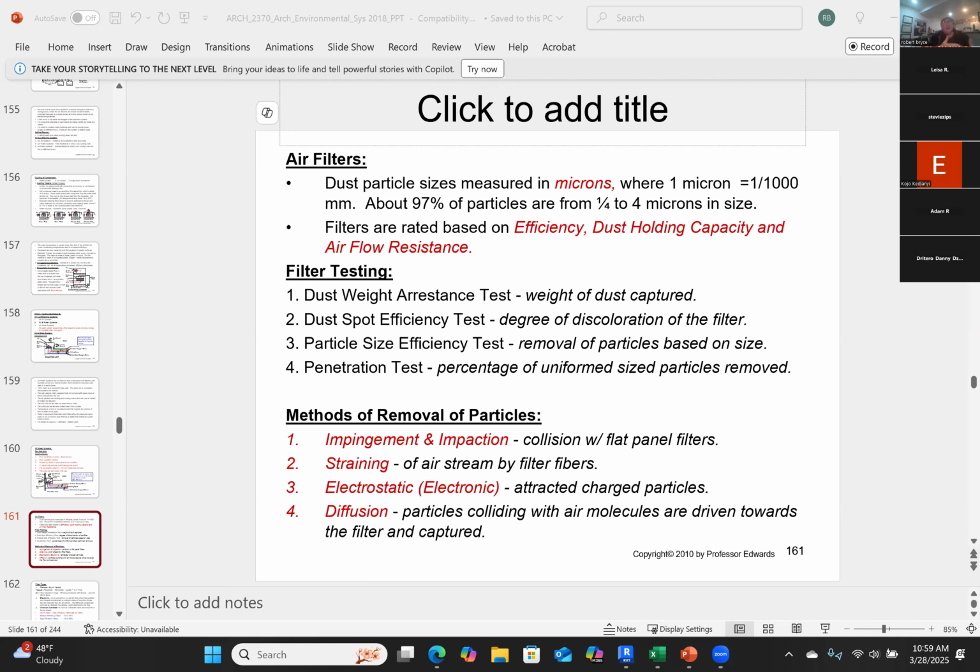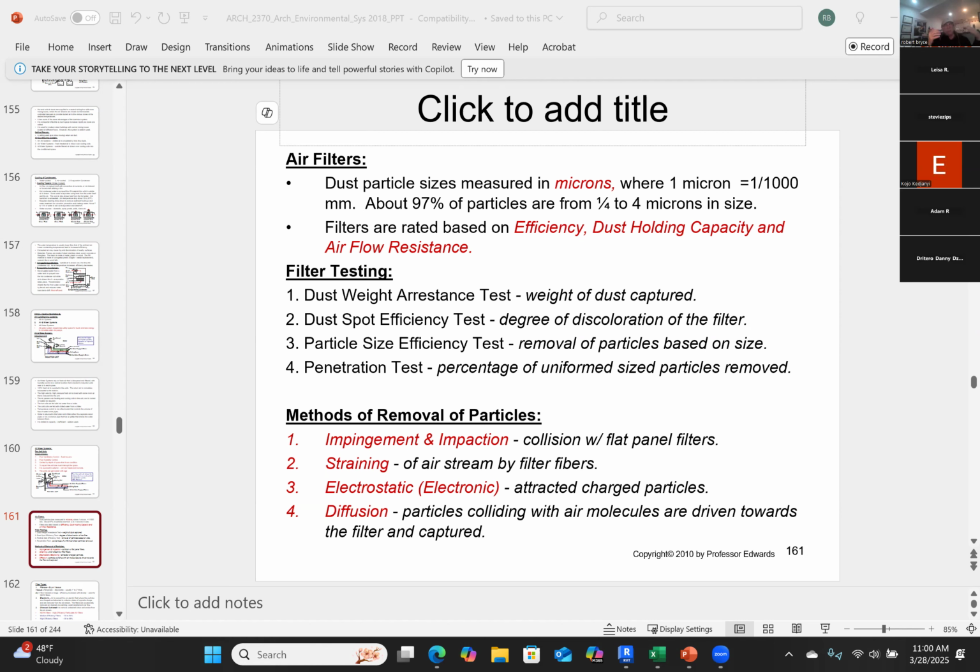And we know that we need to create a movement of air, but if you put something in there that resists that flow of air, then you're going to have to add more energy to your system, probably in the way of a fan, a higher horsepower fan, which consumes more energy in order to push that air past that blockade, which is your filter.